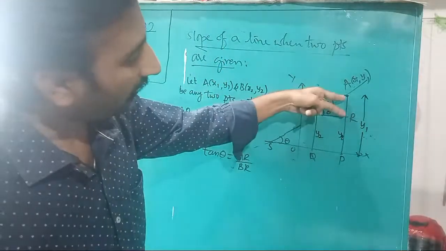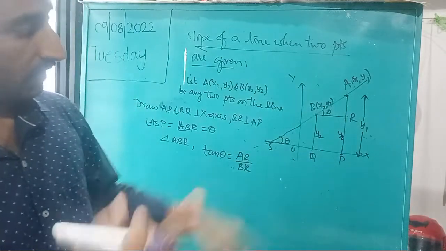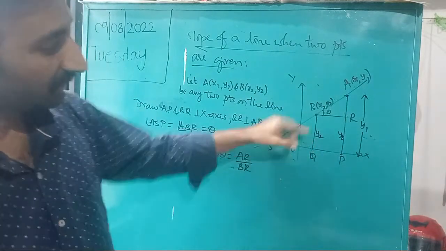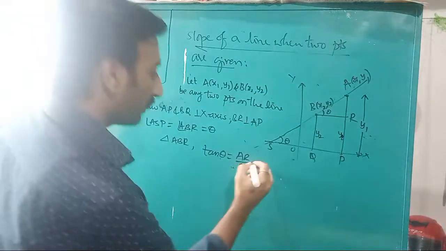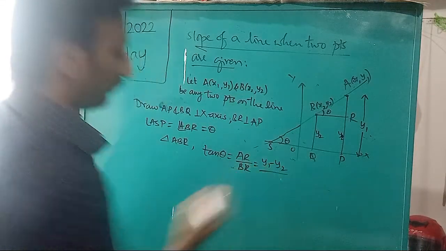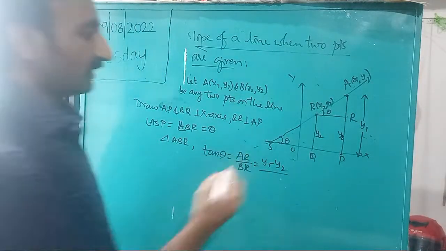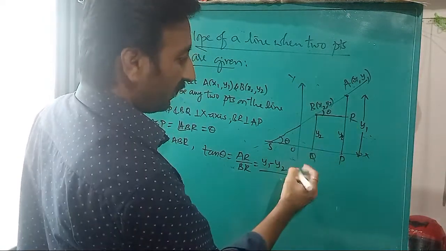What will AR be now? AR is nothing but the total distance minus this one. So you can say AR equals y1 minus y2. Next, what is BR? BR is this distance, which is actually PQ.